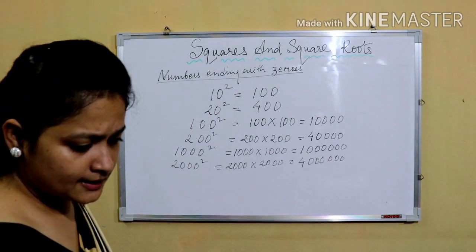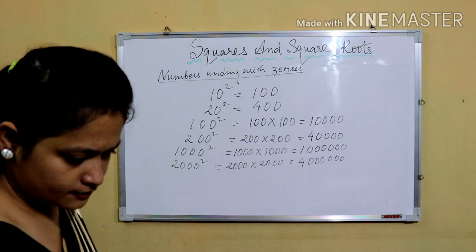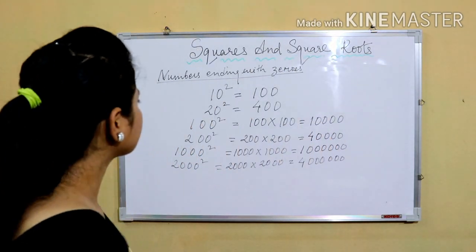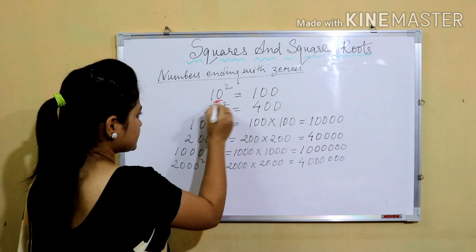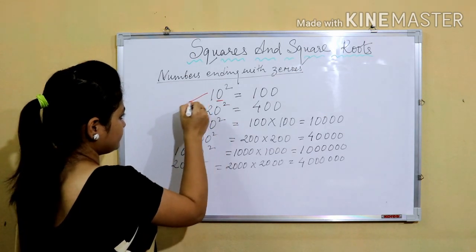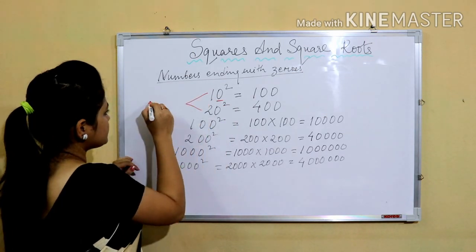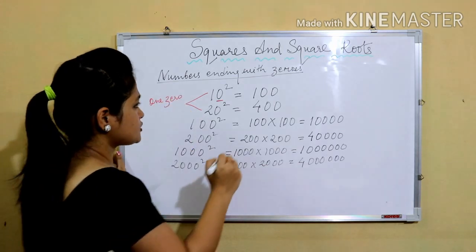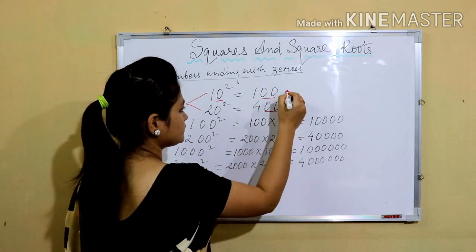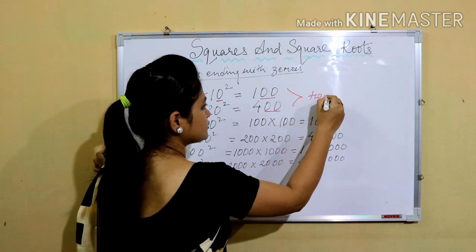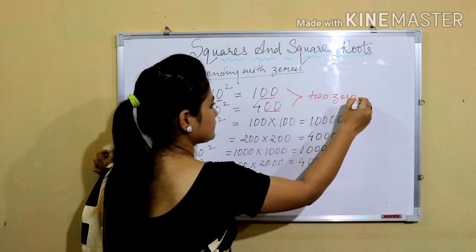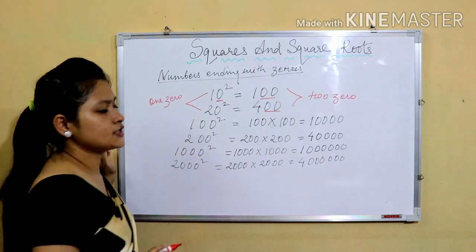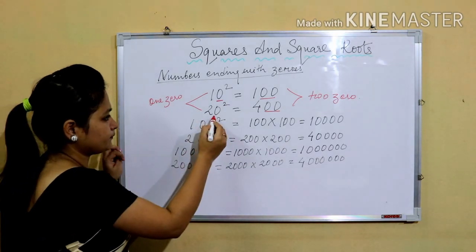Now from this, what can we see? We have to observe the numbers. You can see one digit, 10, has one zero, but the square ends with 2 zeros, twice the number of zeros of the number.